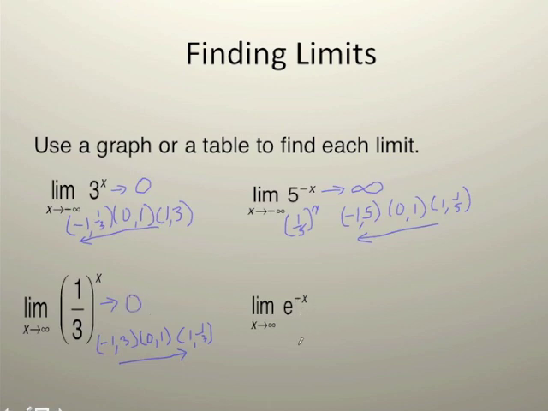Here we have a negative x, so this is 1 over e to the x. And we're going to infinity. Well, our values will be negative 1, e for the reciprocal, 0, 1, and 1, 1 over e. As x goes to infinity, so as x is getting larger, what happens to my y values? They're getting smaller. So this one also goes to 0.